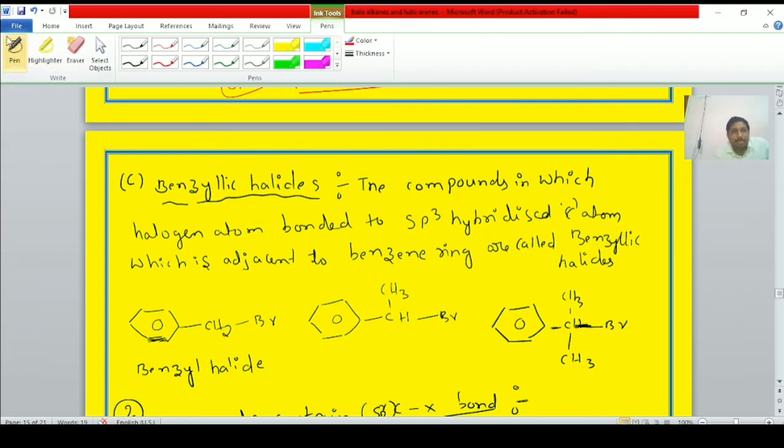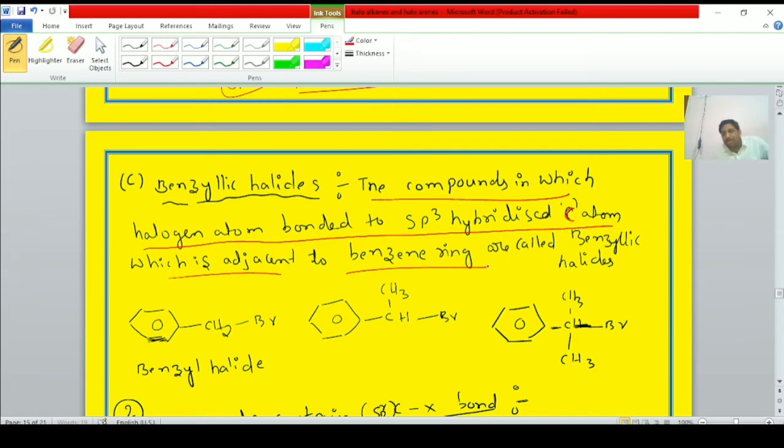Next one, benzylic halide. The compounds in which the halogen atom is bonded to an sp3 hybridized carbon atom which is adjacent to a benzene ring are known as benzylic halides.